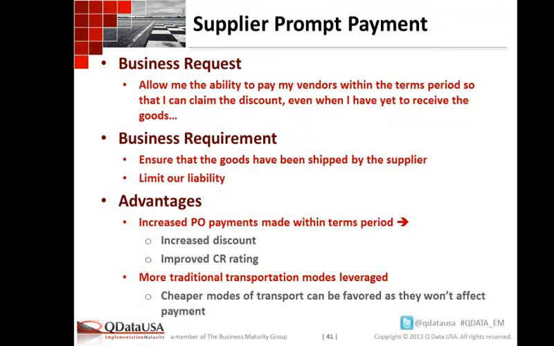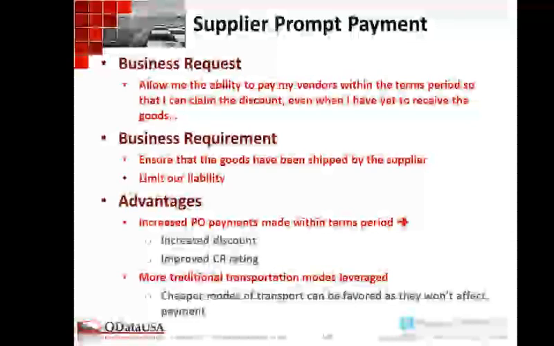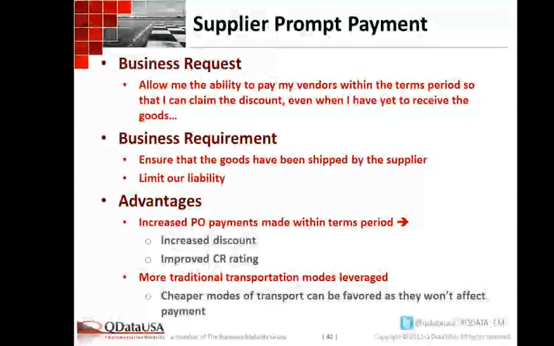So they missed out on, it was literally tens of millions of dollars worth of discounts every year. So with this particular scenario, we would like to be able to pay this on terms, but without the risk of paying for something that we're potentially not going to receive and not really going to pay for.